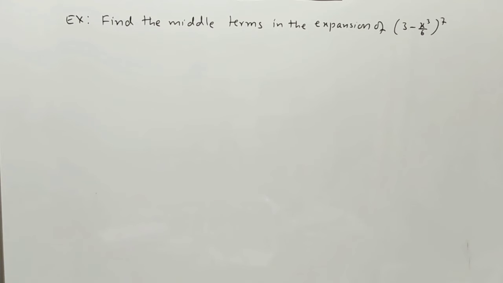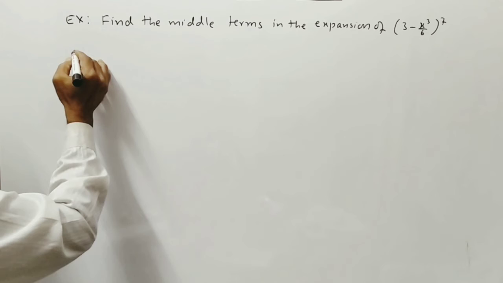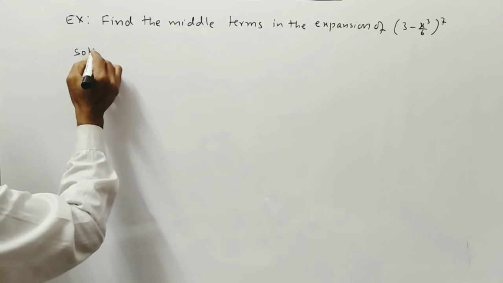Example. Find the middle terms in the expansion of (3 minus x cubed by 6) whole raised to the power 7. Solution.